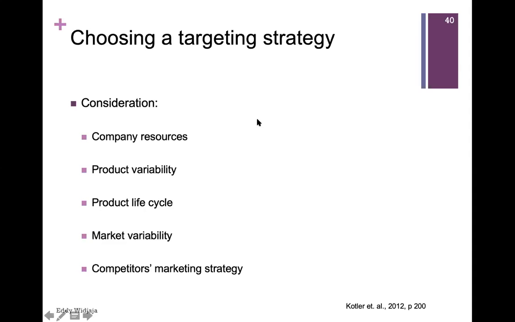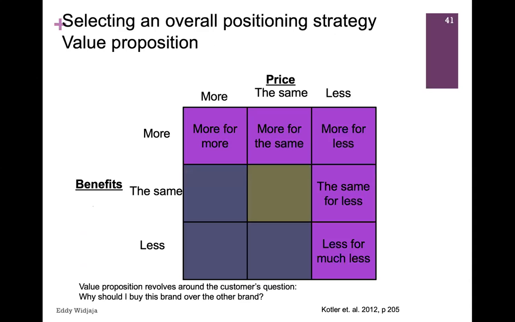All right. After we decide our target markets, the next thing we need to decide is the positioning strategy. This is the overall positioning strategy. We need to decide the value proposition.